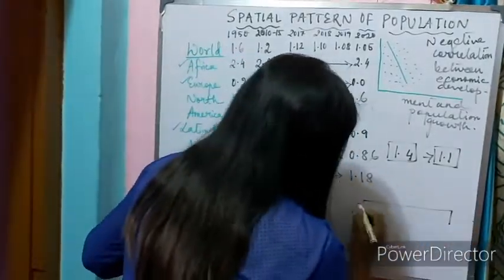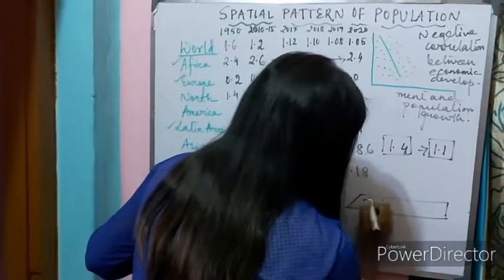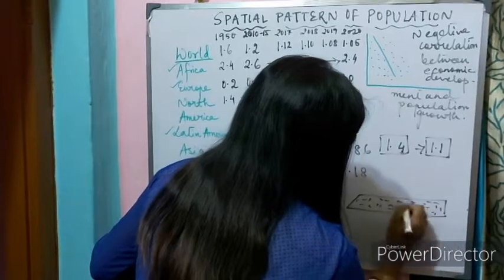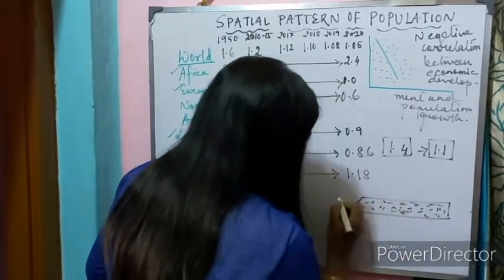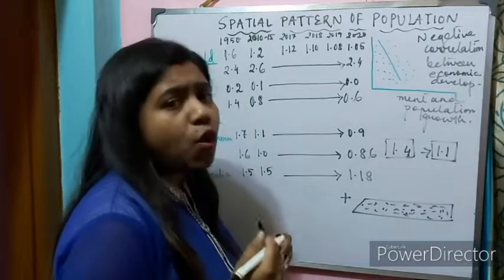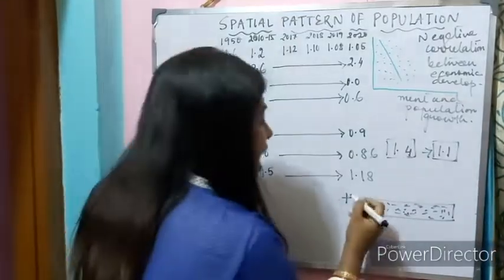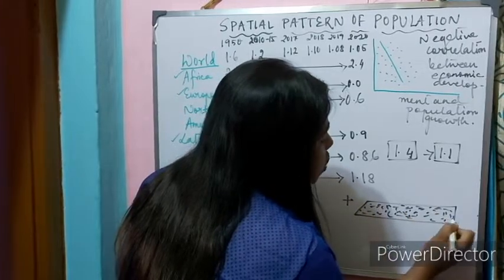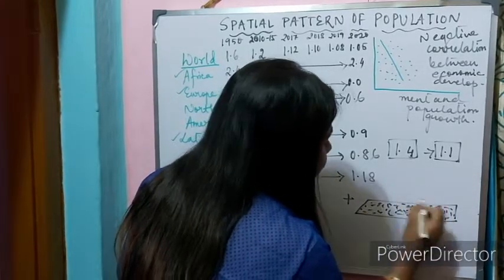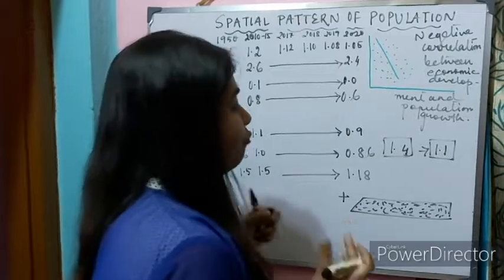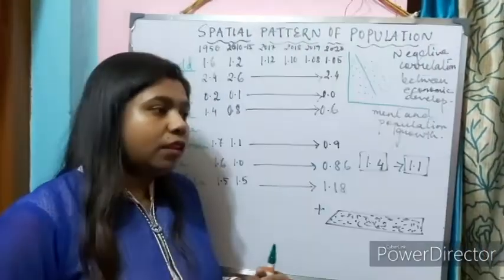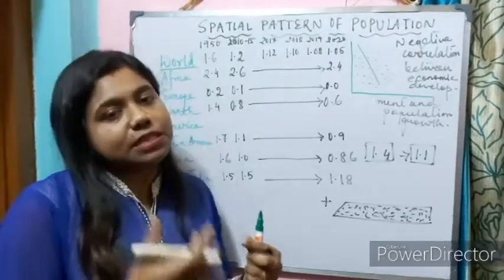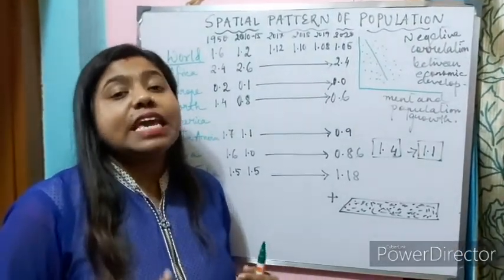There is already a large number of people residing. So if a very small amount of population is added, it will lead to an increase in the population at a very larger rate, because the base is already full. So it may be that the growth rate of population is reducing, but still overall the population is increasing.